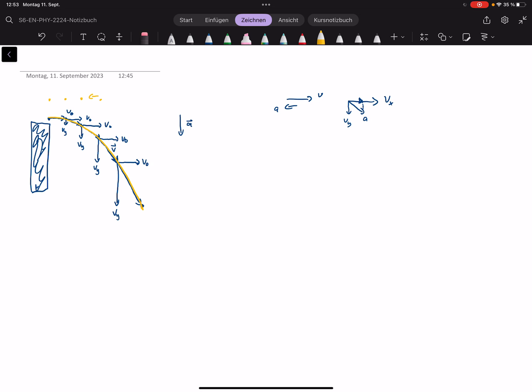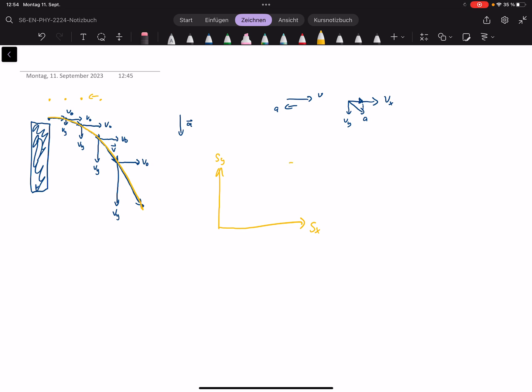It's not enough to really prove that this is a parabola. It could be another type of curve. But what would we have to do to really prove that? Well, in a graph, we would have y, the distance in y direction that we usually call height, and here we have the distance in x direction, which is called width.